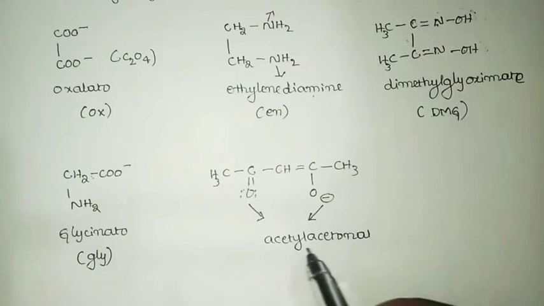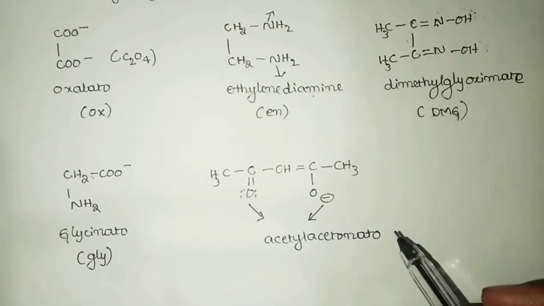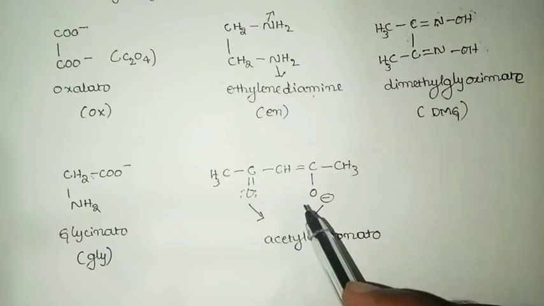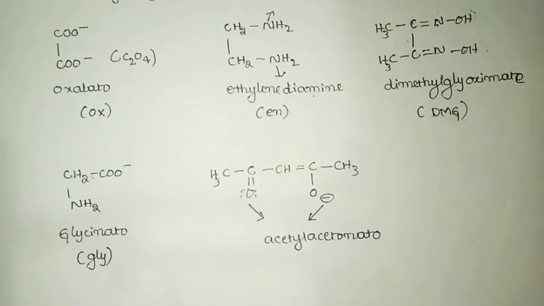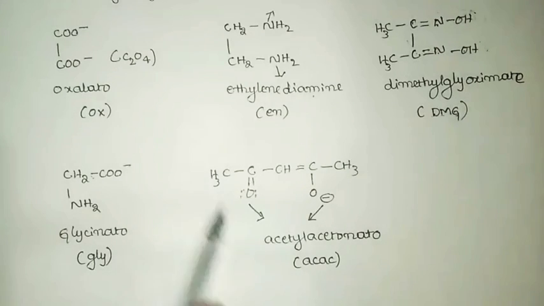So we used to call this as acetyl acetonato. That is the simplest name of this material. Okay, so it can be simply abbreviated as ACAC, acetyl acetonato. Okay, so this is also the anionic bidentate ligand.